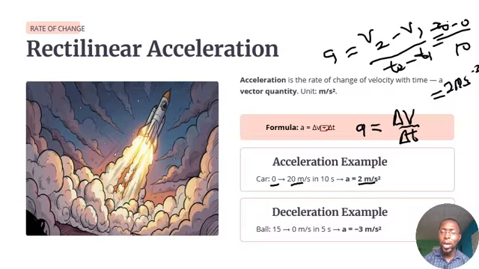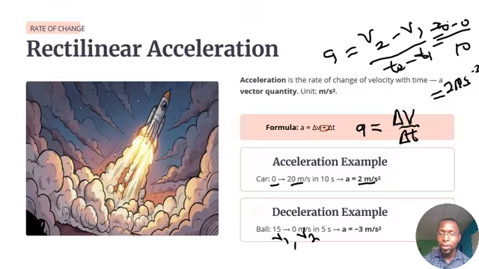Now there are cases where the vehicle will gradually be slowing down. In that case, it's decelerating. We call it deceleration. Instead of the car increasing from 0 to 20 meters per second, it will be reducing. Maybe it wants to stop, maybe it wants to gradually park. So we say the car is decelerating. In that case, our V1 will be the bigger one because that's the initial velocity before it gradually slows down to 0, while our V2 will be 0.